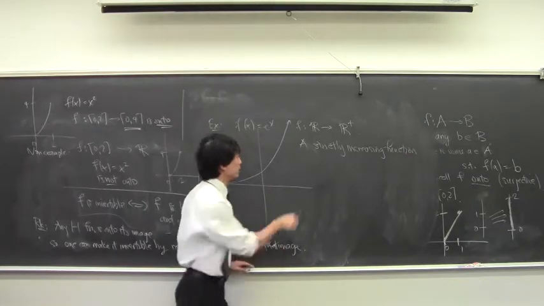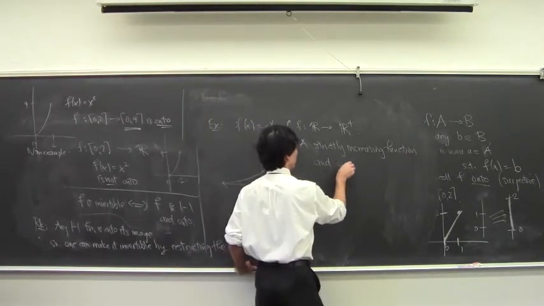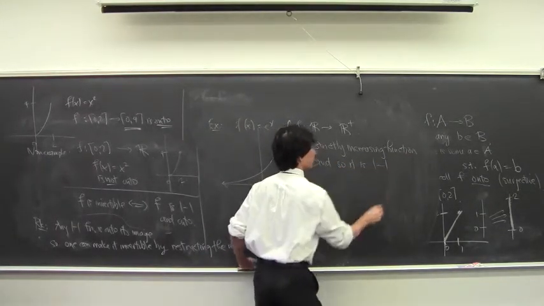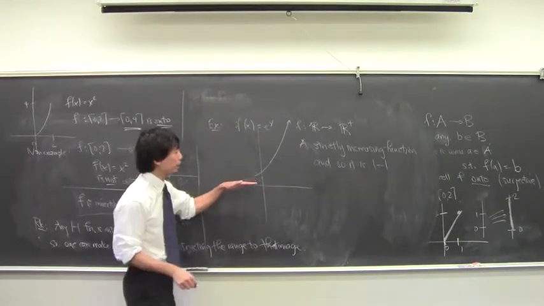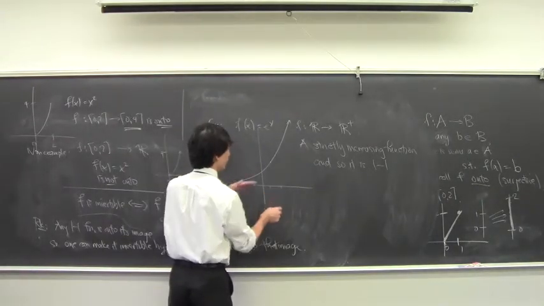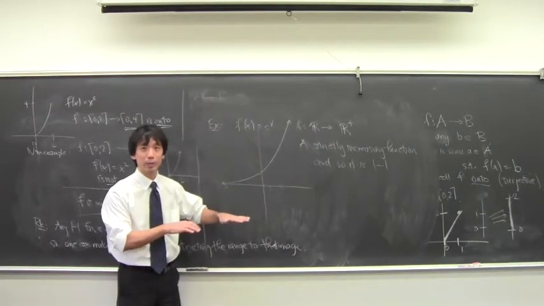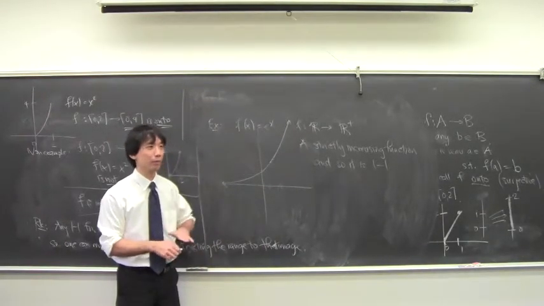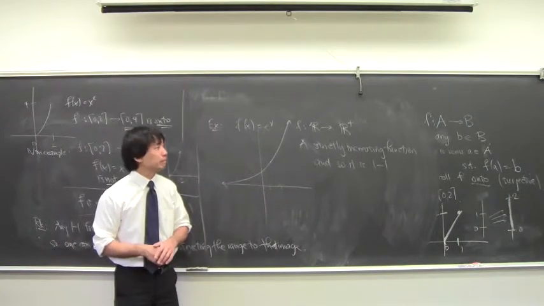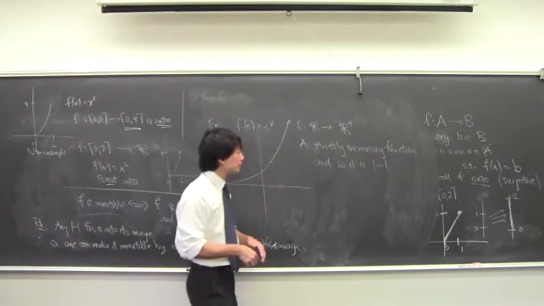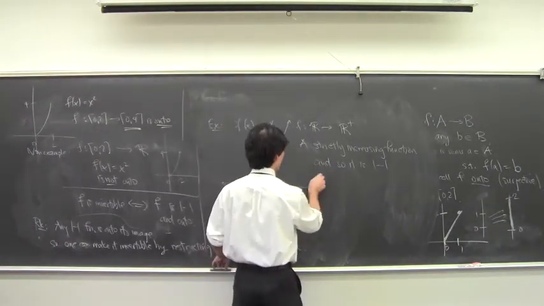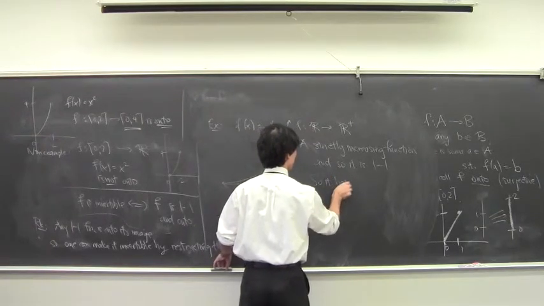And so it is 1-to-1. It's strictly increasing, so whenever you have two values, the one on the right is going to be bigger. So you never have to worry about two values being the same for an increasing function. So it has an inverse.